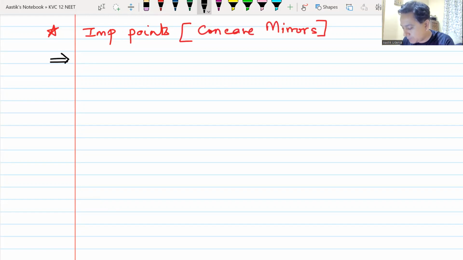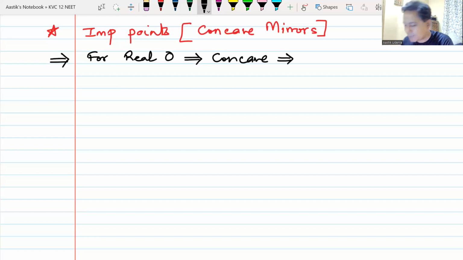Point number one: for real objects, a concave mirror can form what type of image? Let me put it in the form of a question and answer. For a real object, a concave mirror can form what type of images?